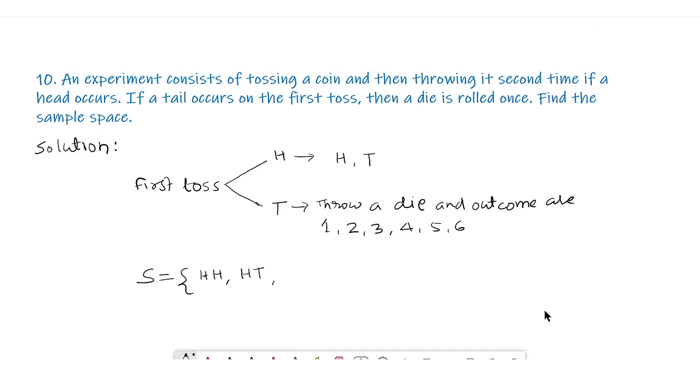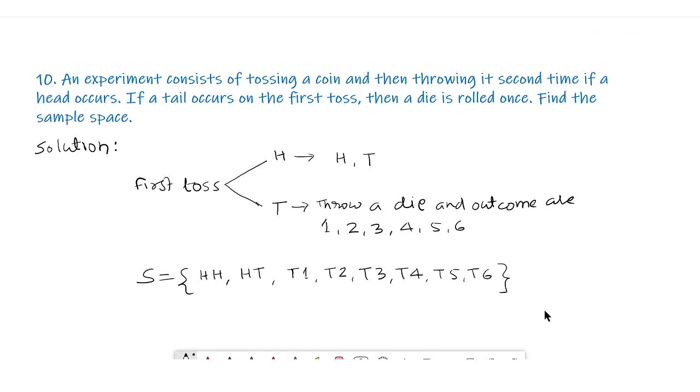And when we get tail, then we throw a die, then our sample points will be tail with 1, or tail with 2, or tail with 3, or tail with 4, or tail with 5, or tail with 6 on the die.